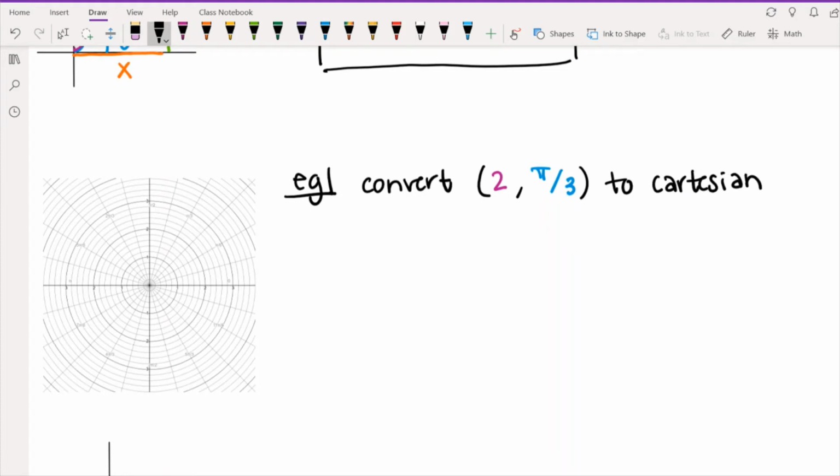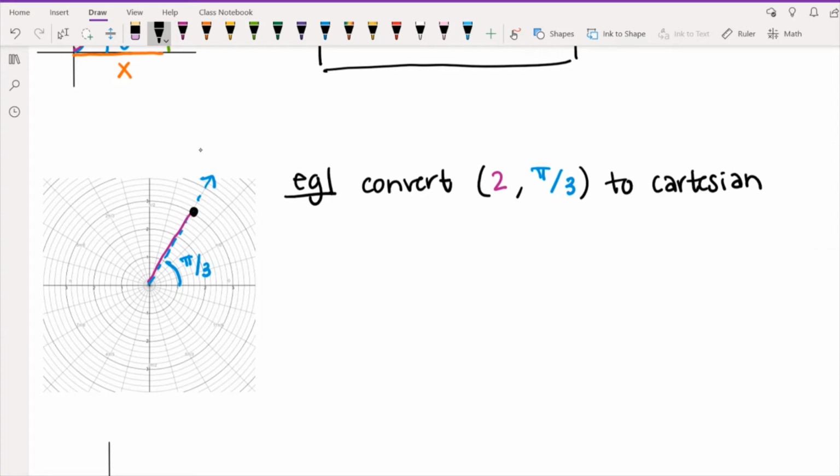I'm going to draw a picture, but honestly, you could just go directly to that formula and plug it in. I just want to draw the picture so we can really make sense of what we're doing. So pi over 3 would be this angle here. And then we would go a distance of 2 in that same direction. So that would land us at a point that is right here.